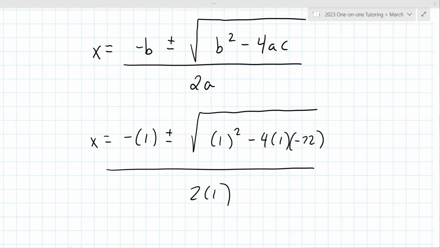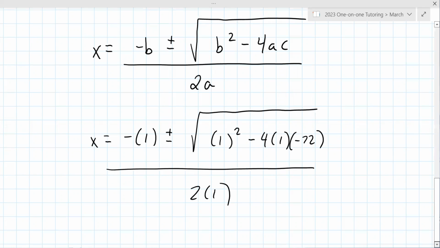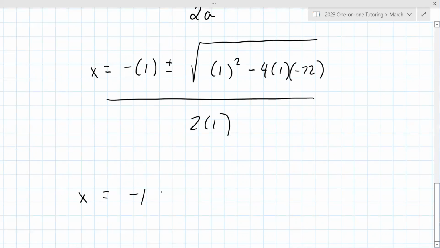And do the calculation twice before you tell me your result. 289. You got it. So we're just going to rewrite a little bit here. It's negative 1 plus or minus the square root of 289 divided by 2.